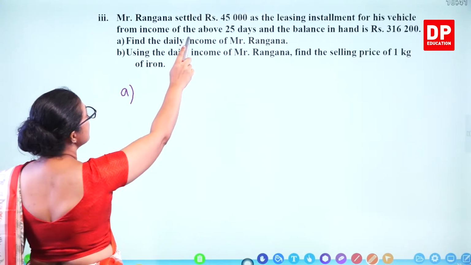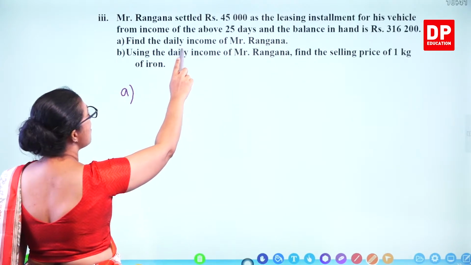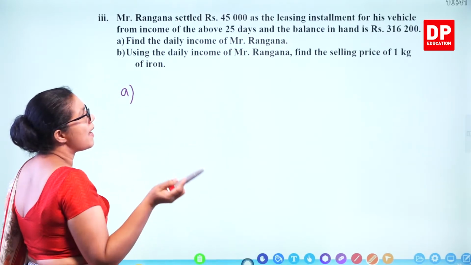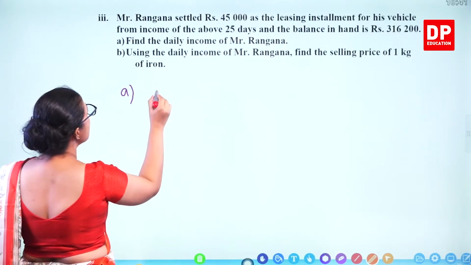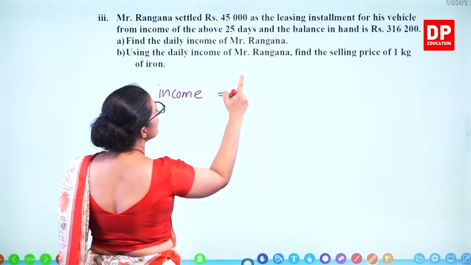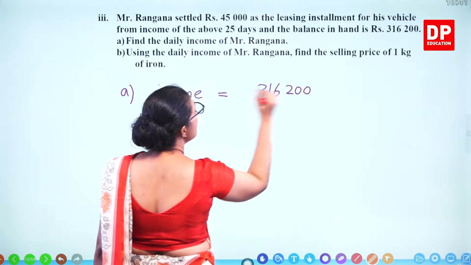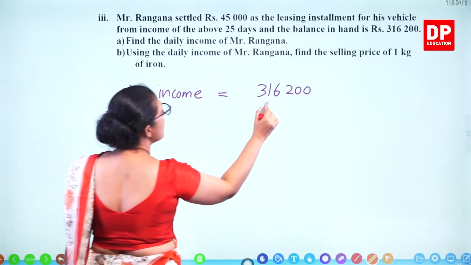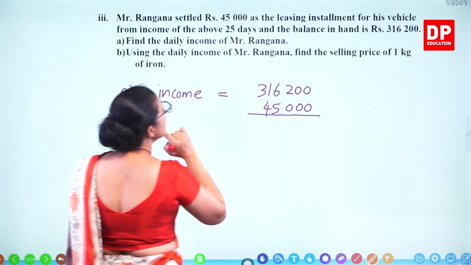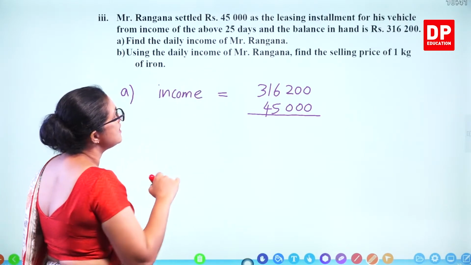So he settled this one as the leasing installment for his vehicle from income of the above 25 days. So the balance is this. So what's the income? You can add it and see. Income is 316,200 is the balance, and 45,000 settled with that amount for the leasing installment.